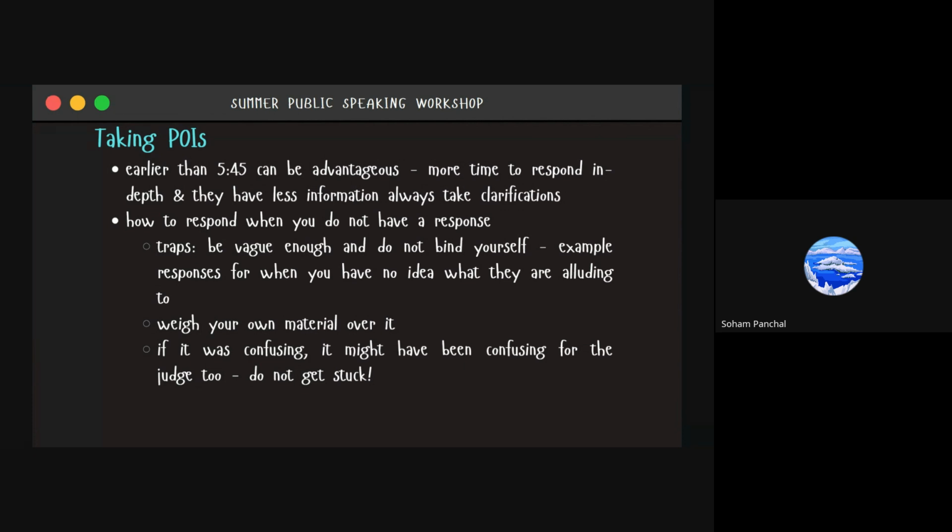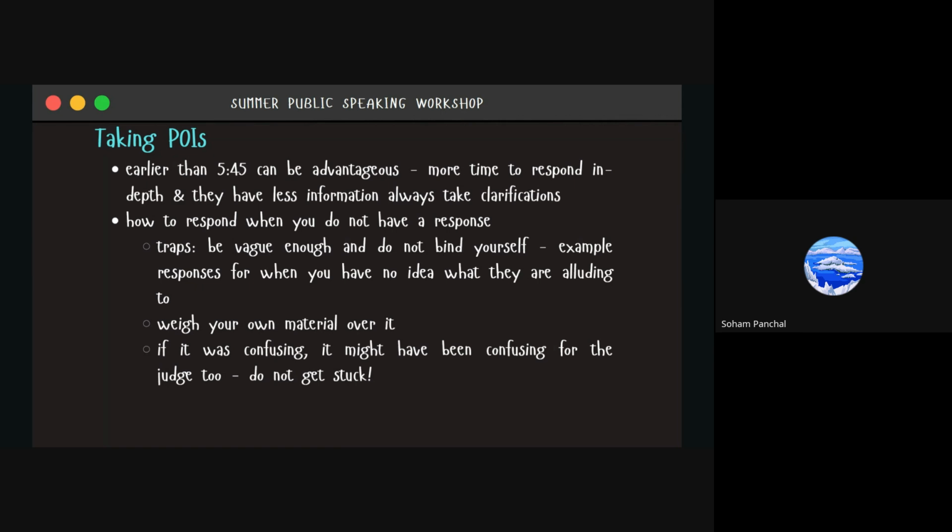Then you could mention that there are states which have not banned alcohol but have banned drugs. So be vague enough, or give examples to support your own statement if you're not able to identify the assumption and take down the argument.